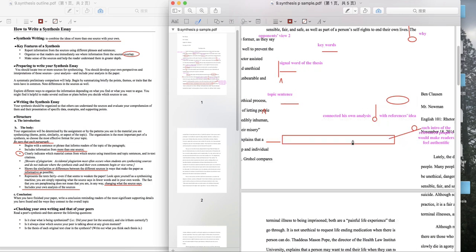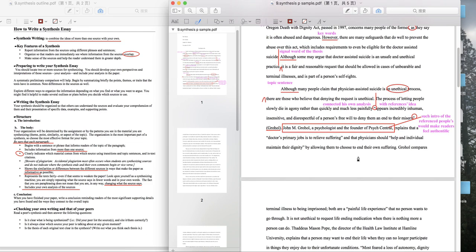So when you are writing your paper, after connecting your own analysis with the references' ideas with the correct quotation in in-text quotation style, then you also need to introduce the referenced people. What is his status?